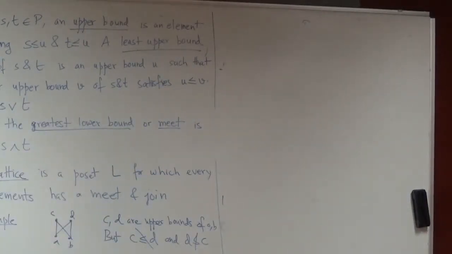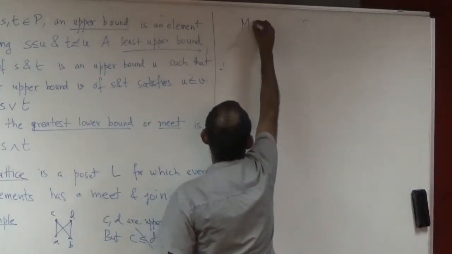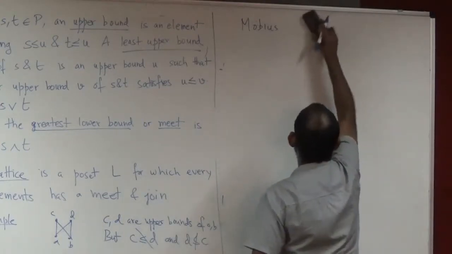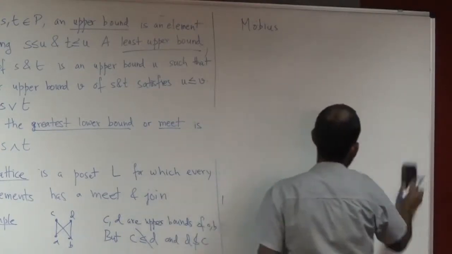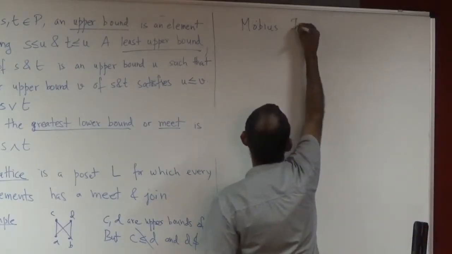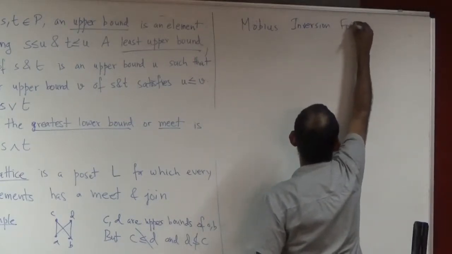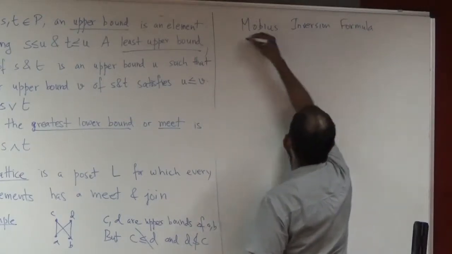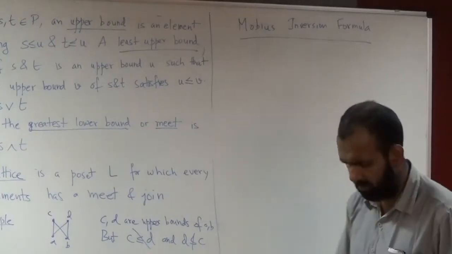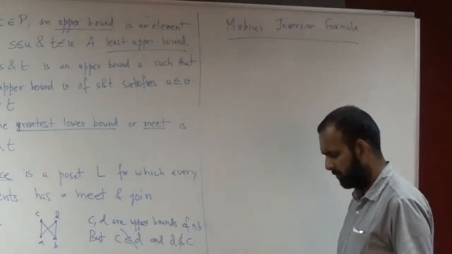Okay, so this is the Mobius inversion formula. This has the same name as the Mobius inversion formula in the number theoretic setting, but it's much more general.